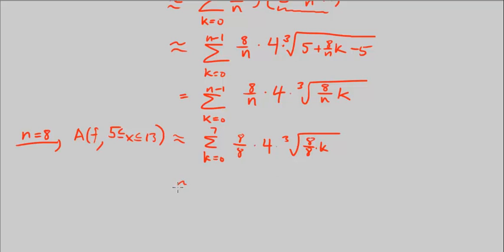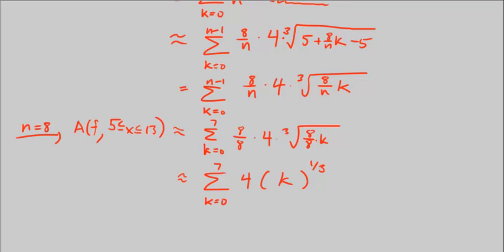I could write it a little neater, so I can plug it into my calculator and it will be faster. Starting at 0 to 7, 8 over 8 is 1, times 4 times the cube root, which I'm going to write as the power of 1/3. 8 over 8k is just k. So let's bring out our calculators.